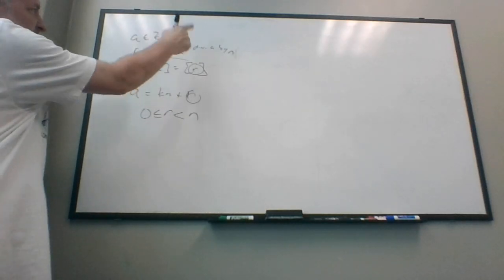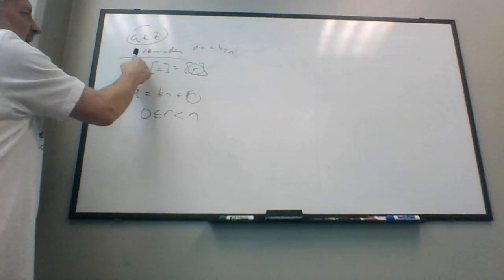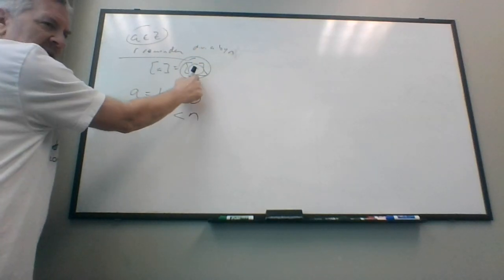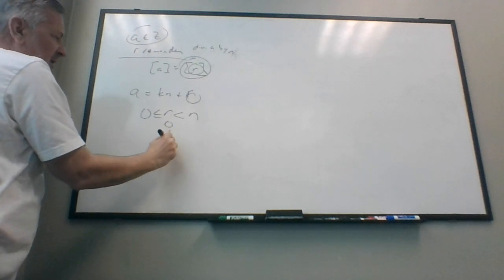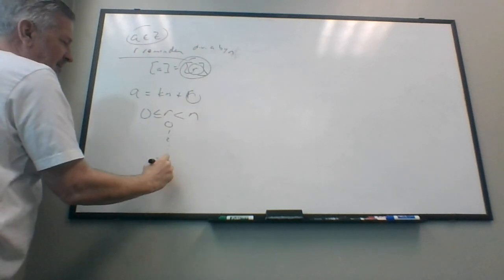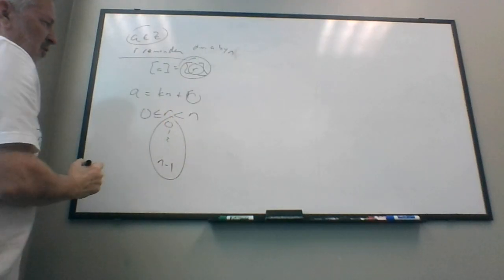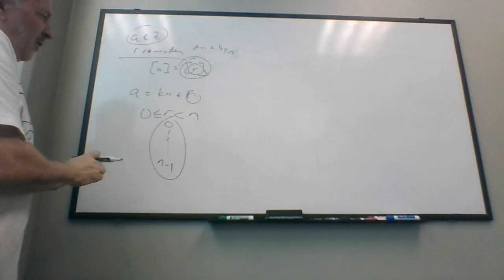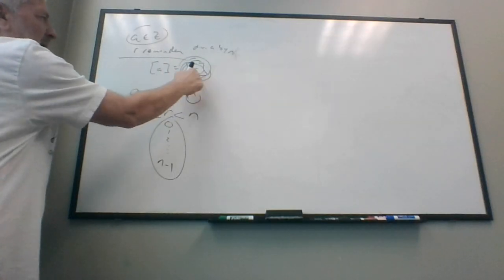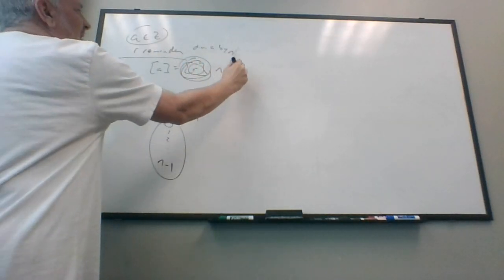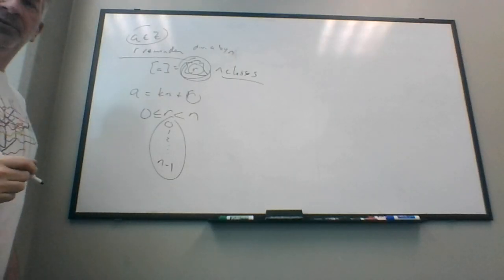So every class mod n can be described by just looking at the remainders. But how many remainders are there? R could be 0, 1, 2, all the way up to n minus 1. So there are n choices for R, and every class can be described by a remainder. That means there are n classes. We haven't seen that before. That's our first result on how many classes you're going to have.